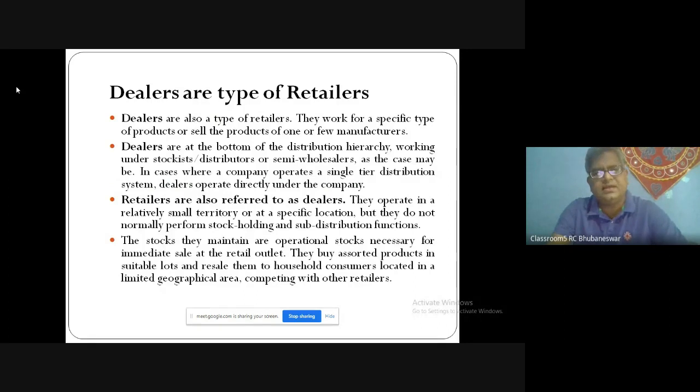Who are the retailers? You may call dealers the retailers, or dealers are the bottom of the distribution strategy also. He may be a stockist or semi-wholesaler, or a small-size stockist, or retailers are also called dealers in a small trade territory, some specific location, where the distribution is something different.